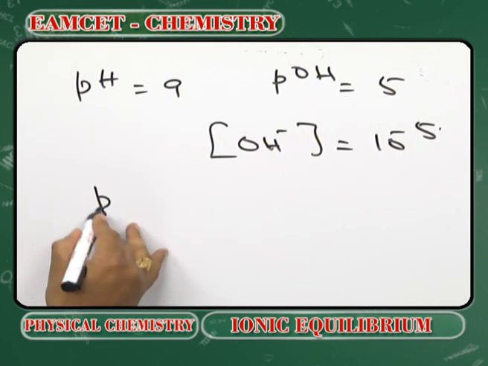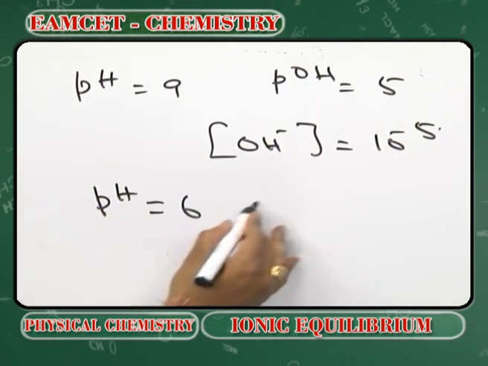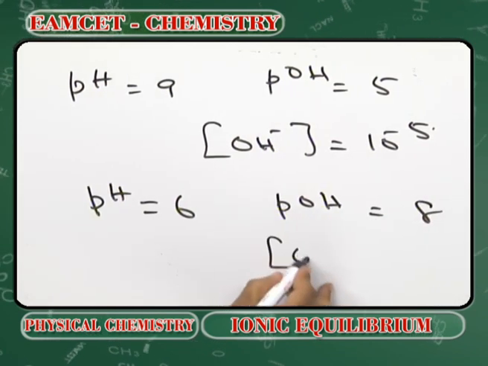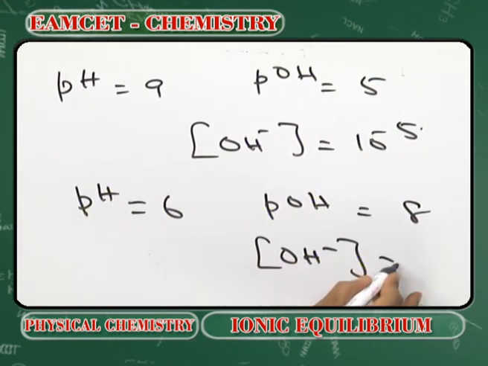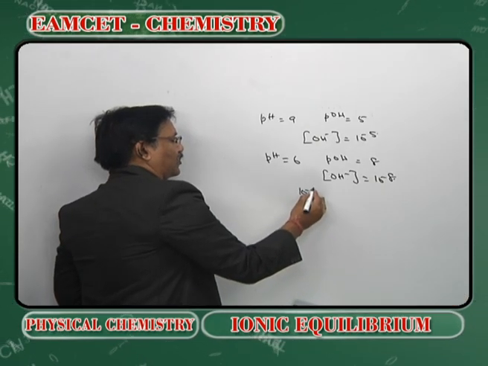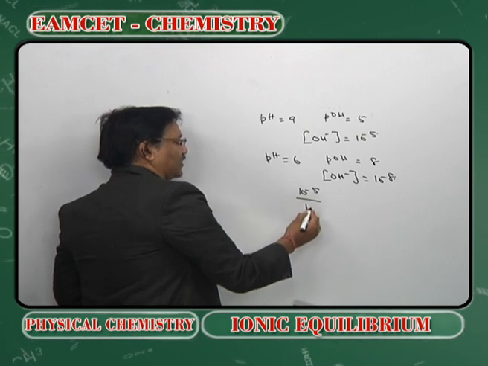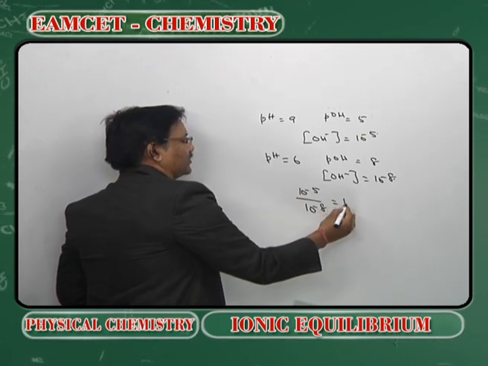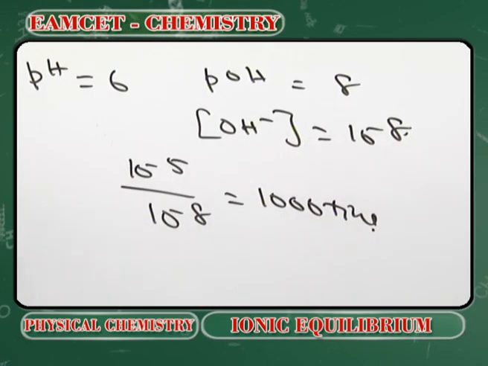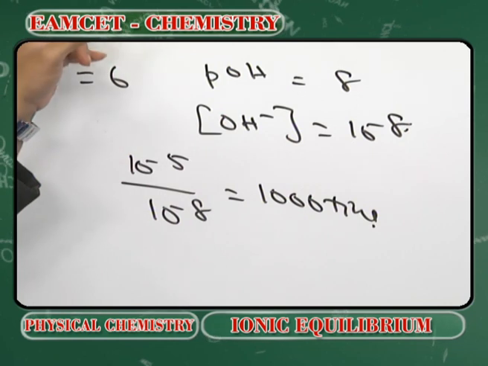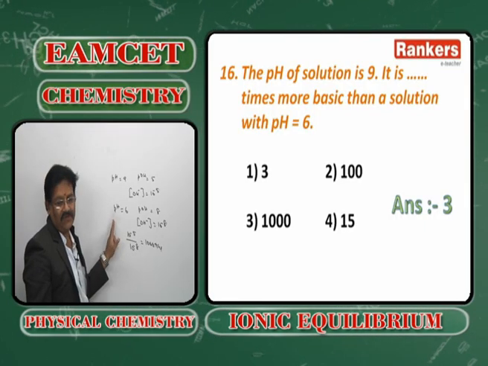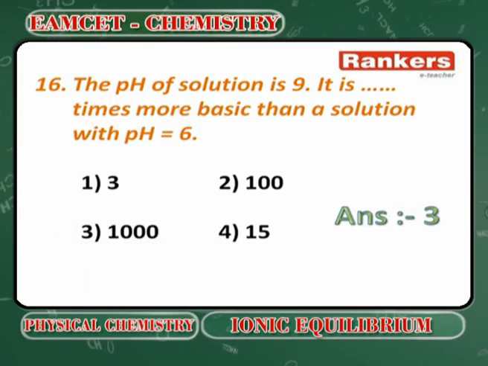For pH equal to 6, pOH will be equal to 8 and the OH minus ion concentration is 10 to the power of minus 8. Therefore, comparing the OH minus ion concentrations, it is 1000 times. So the solution of pH 9 is 1000 times more basic than the solution of pH 6. Next question.